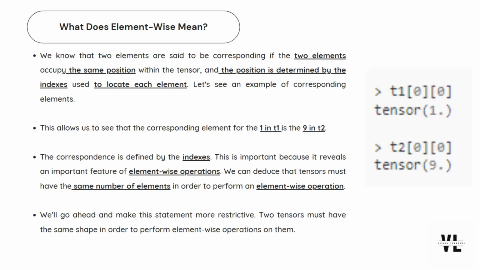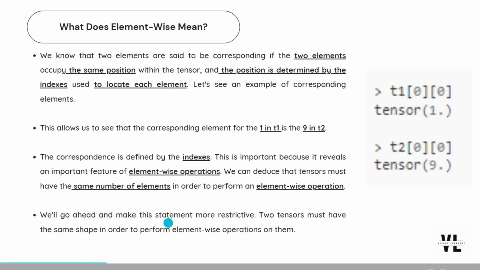So this leads us to deduce that tensors must have the same number of elements in order to have elements in the corresponding position in all places and perform element-wise operation.